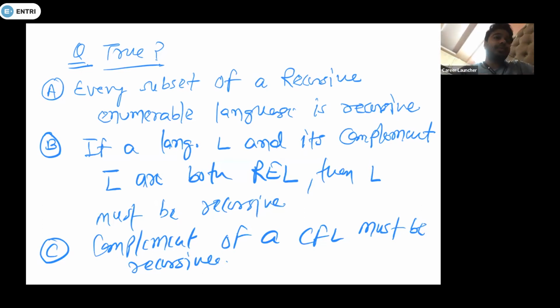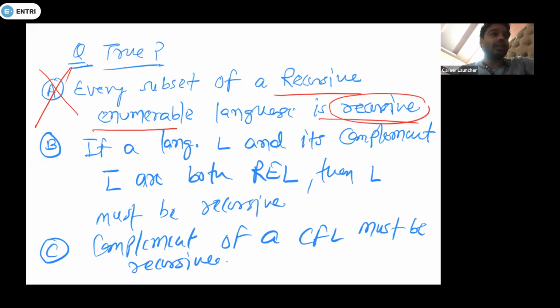A subset of a recursive enumerable language may or may not be recursive. It's a false statement. No language is closed under the subset operation. So option A is false.